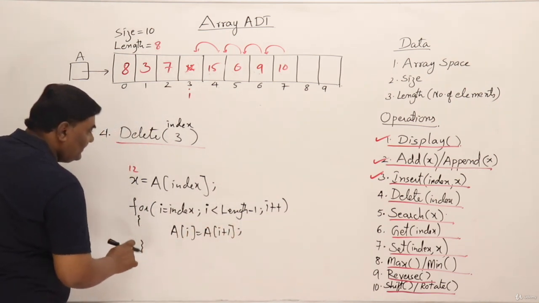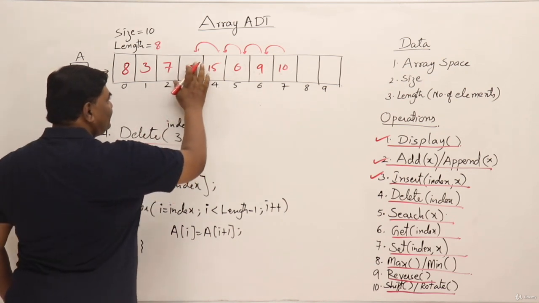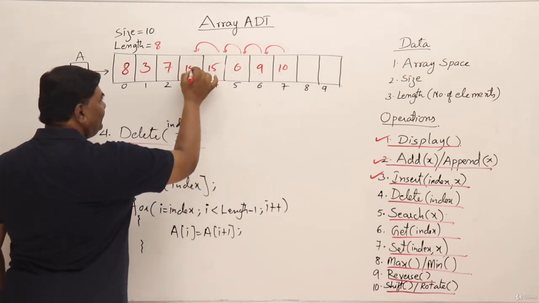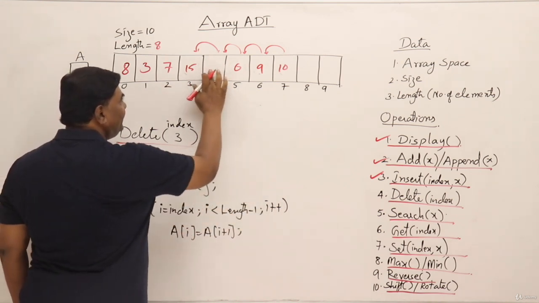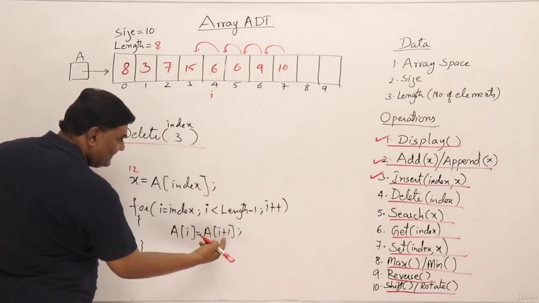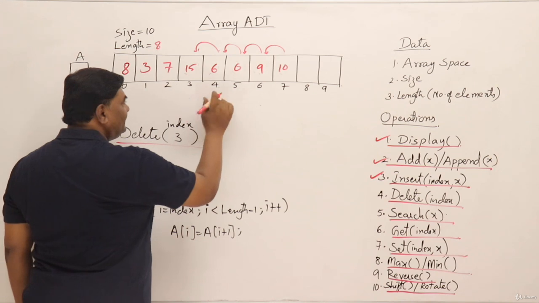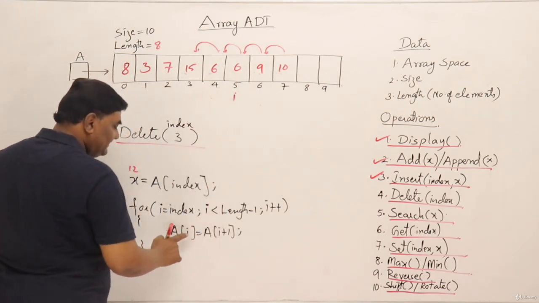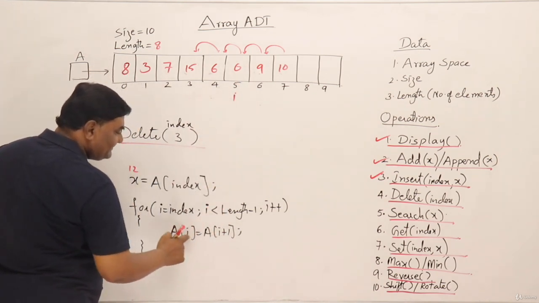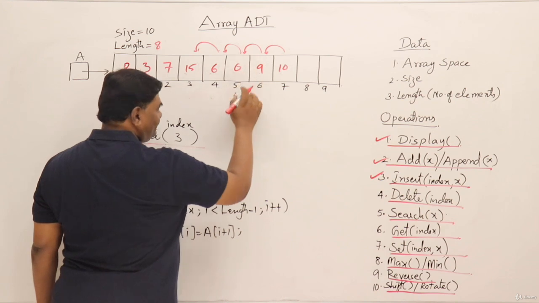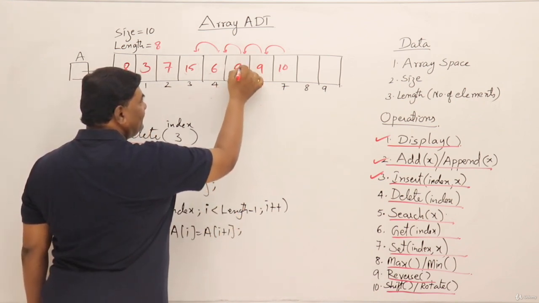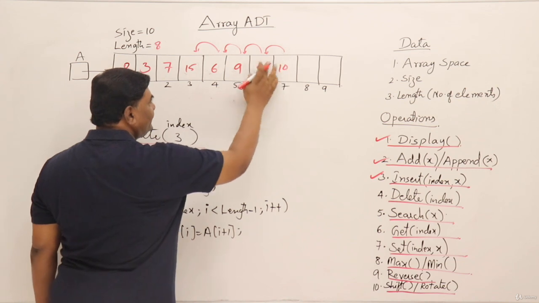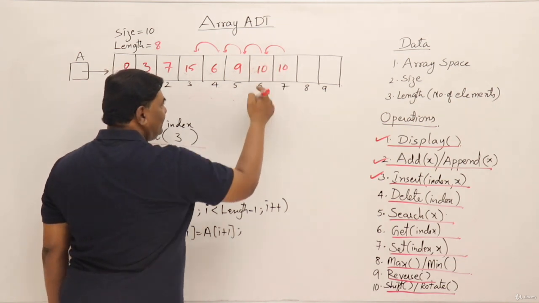That's the loop. Now with this loop, I here at index 3 will copy 15, then I plus plus, then being here, it will copy 6, that is I plus 1 is copied here, then I plus plus. Now I is here, so it will copy the element from the next index. At index 5 it will copy 9, then I plus plus, it should copy 10. Then after that, I should stop.